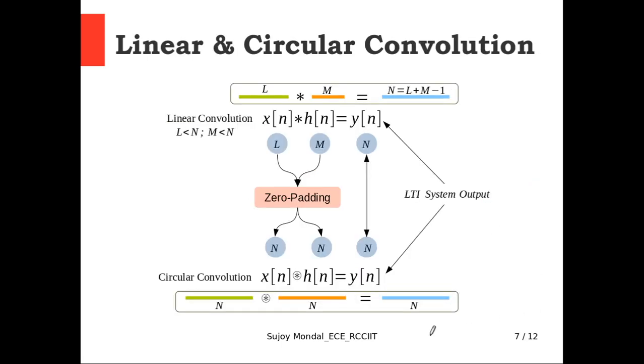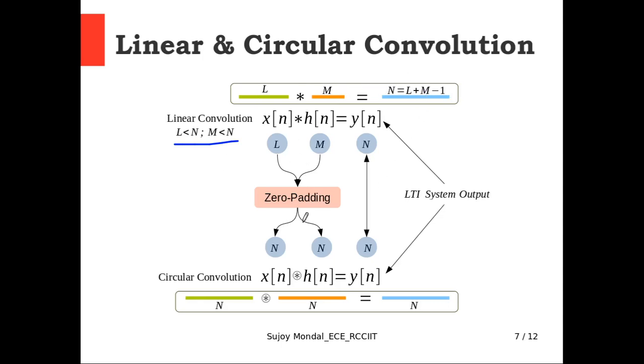Now linear and circular convolutions, how can we correlate them, how can we map one convolution to another? Let's take a look. We have a sequence of length L and a sequence of length M, which might be different, and finally the output is a sequence of length N. So obviously capital L should be less than capital N, as well as capital M less than capital N, because all these are sequence lengths, so all of them are positive integers.